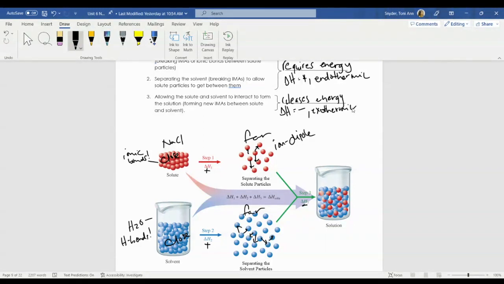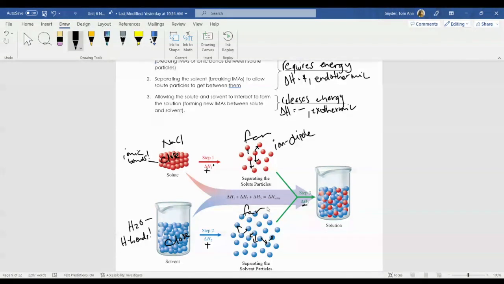Exothermic process, releasing heat. Now, depending on how much energy steps 1 and 2 absorbed versus the amount of energy that step 3 released, will tell us whether or not the heat of solution is positive or negative.